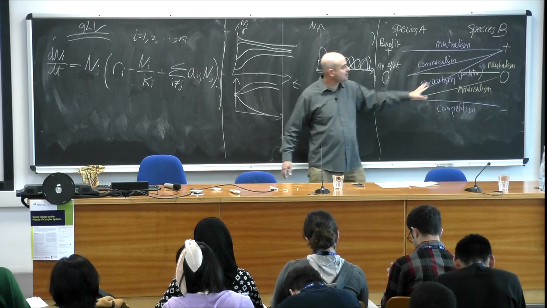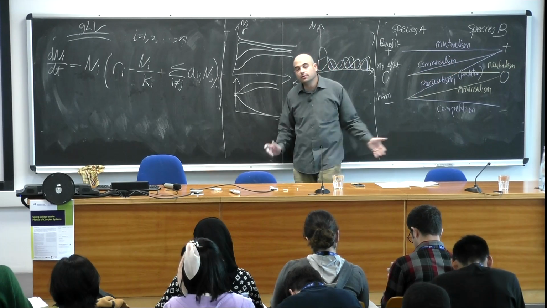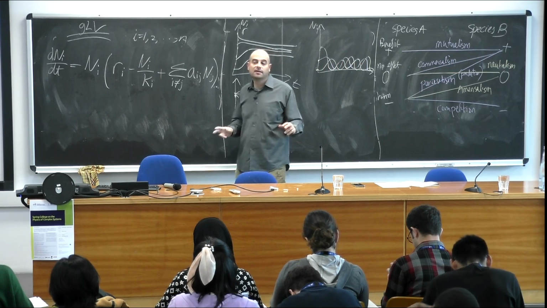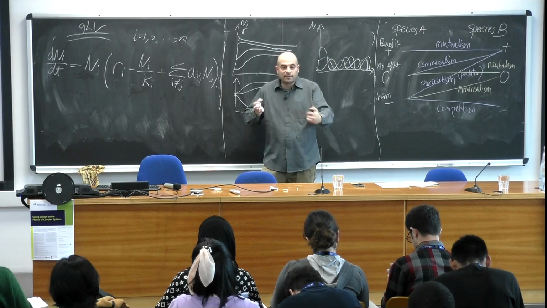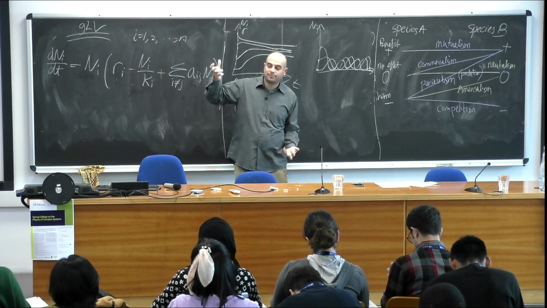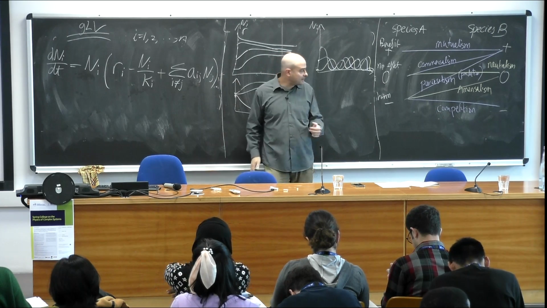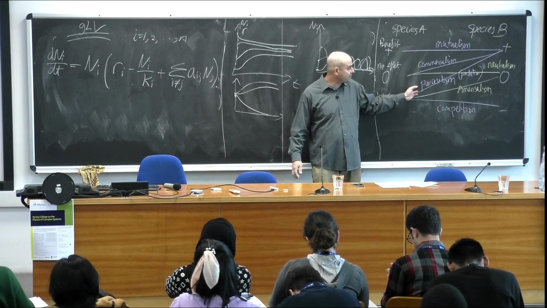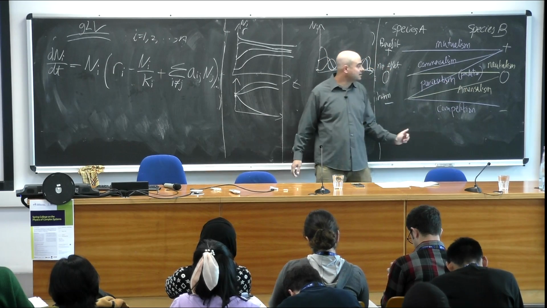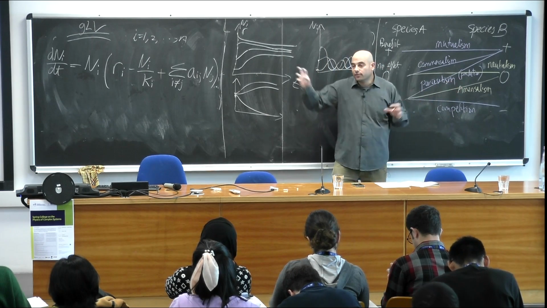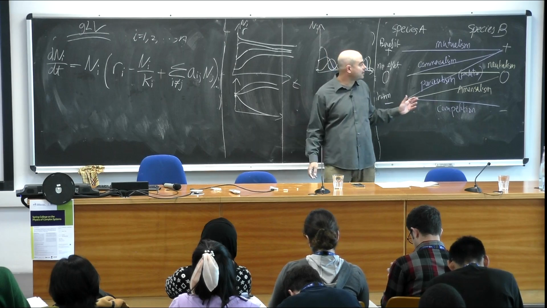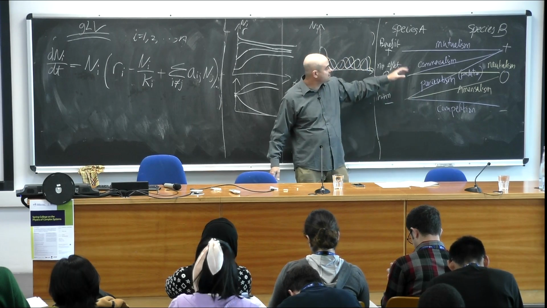When one is minus and one is plus, then we have the predator-prey relations, right? The prey goes down, the predator goes up, okay? So we call this parasitism or predation, right? One could be 0, and the other could be positive or negative, right?